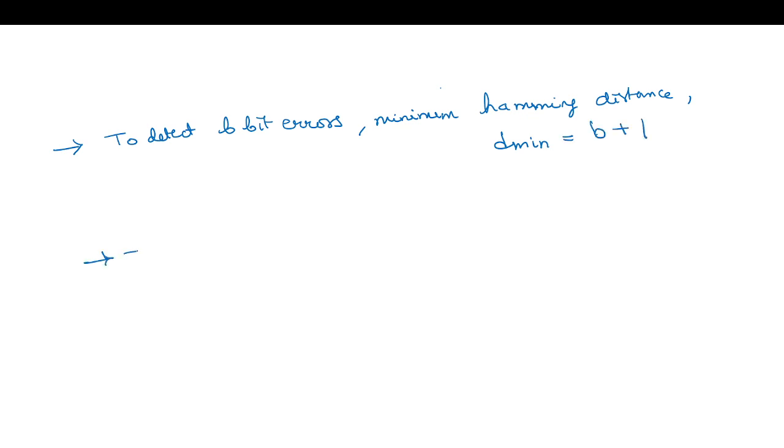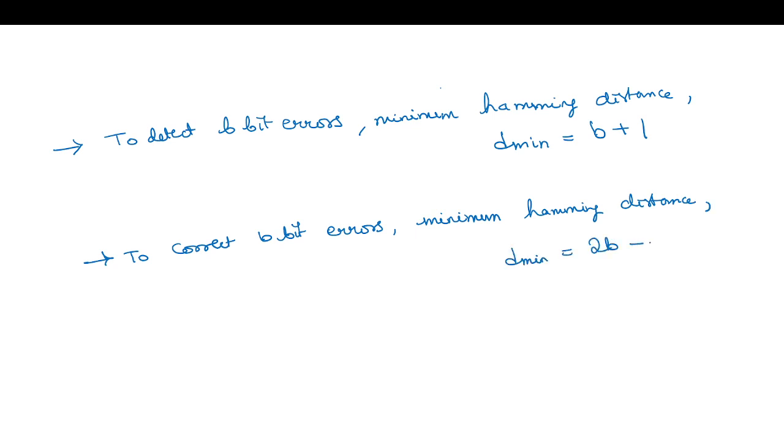And to correct B bit errors, the minimum Hamming distance d min should be 2B plus 1. So, for example, if you want to correct a 1 bit error, then 2 into 1 plus 1, so 3 is the minimum distance required.